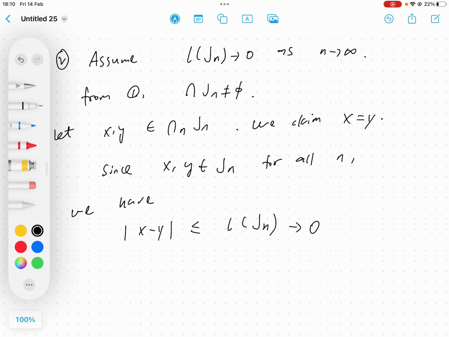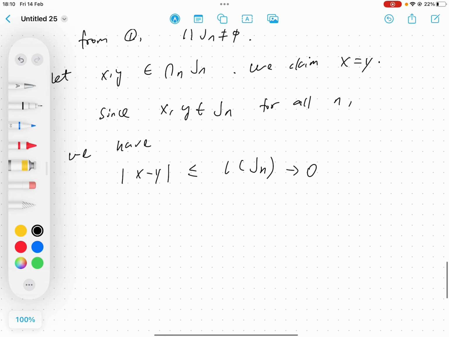And if this goes to 0, then that distance goes to 0 as n goes to infinity. So this has to be 0. It cannot be negative, so it has to be 0, so x is exactly the same as y. And then we complete the proof, okay?